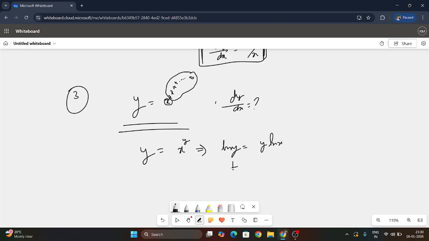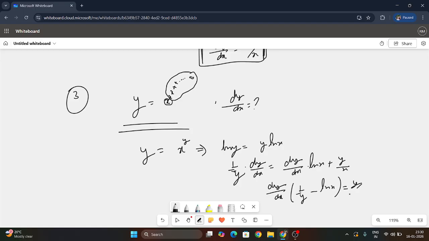Okay, and 1 by y into dy by dx equal to dy by dx log x plus y times 1 by x. Now you can take dy by dx outside, and this is going to be 1 by y minus log x equal to y by x.